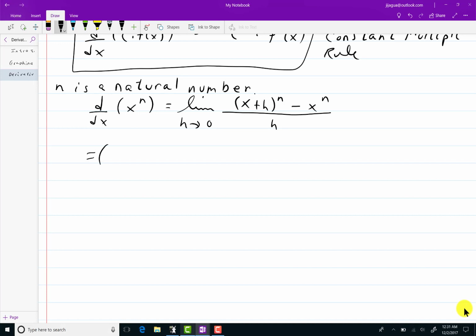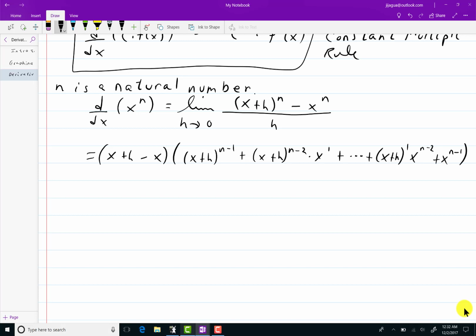That factors as x plus h minus x times x plus h to the n minus 1, plus x plus h to the n minus 2 times x to the 1, plus, and this goes down until I get x plus h to the 1 times x to the n minus 2, plus x to the n minus 1.